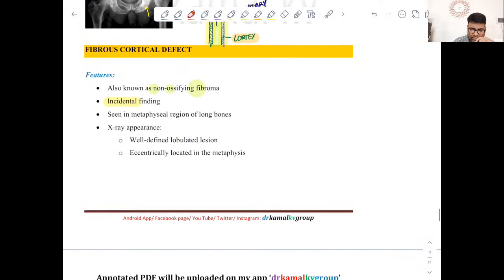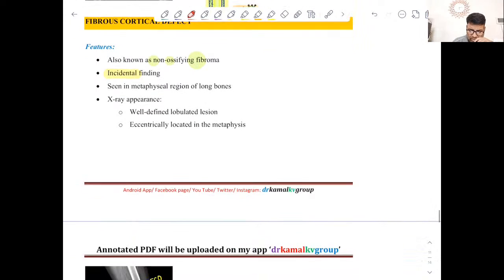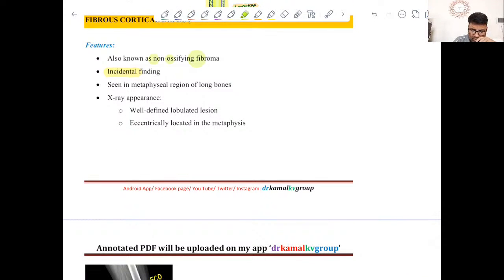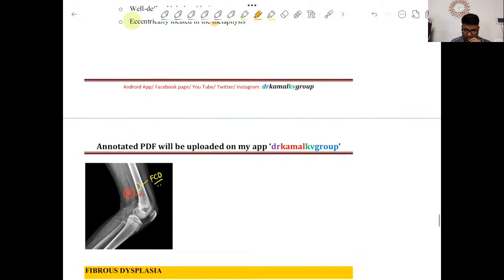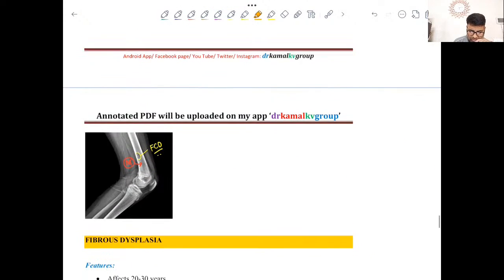Okay, so this is fibrous cortical defect. So again, you can see here the word eccentric, but this is not epiphysis of giant cell tumor. This is metaphysis of fibrous cortical defect. Okay.